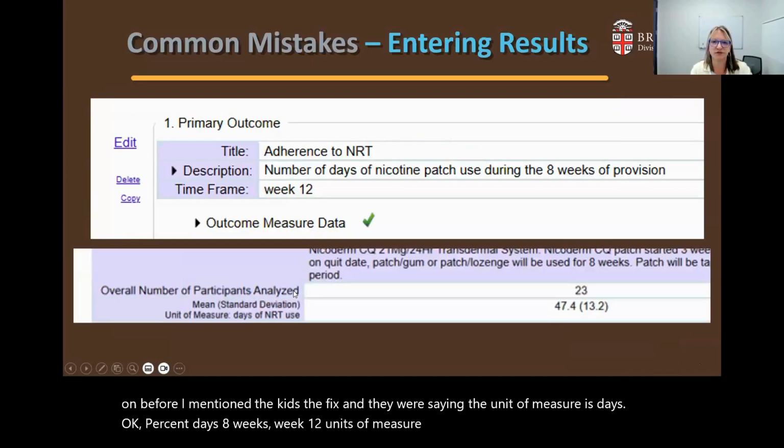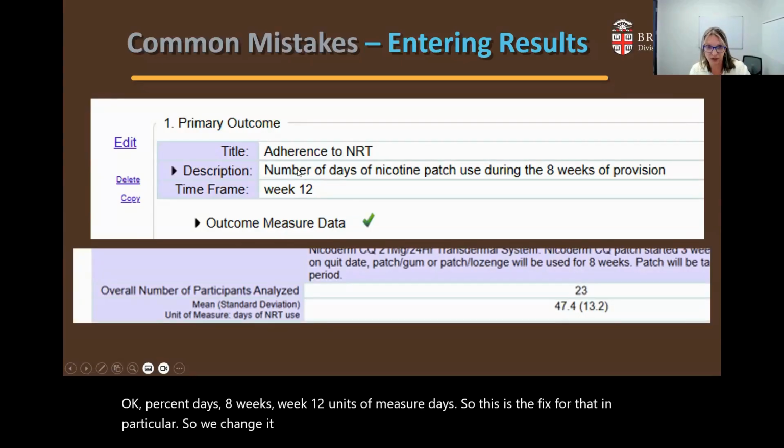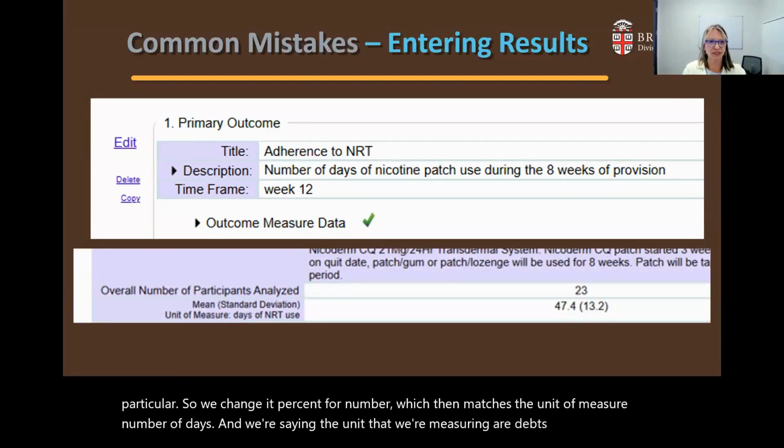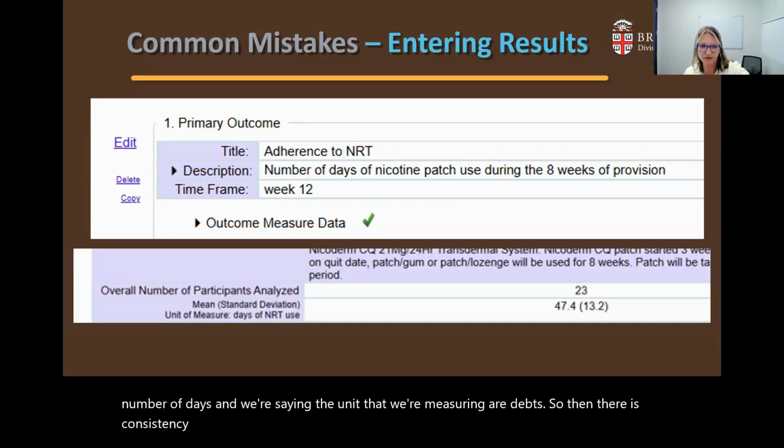So this is the fix for that in particular. We changed percent for number, which then matches the unit of measure, number of days, and the unit that we're measuring are days. So then there is consistency between the description of the variable and the unit of measure.